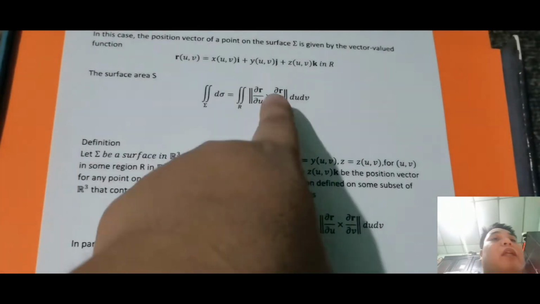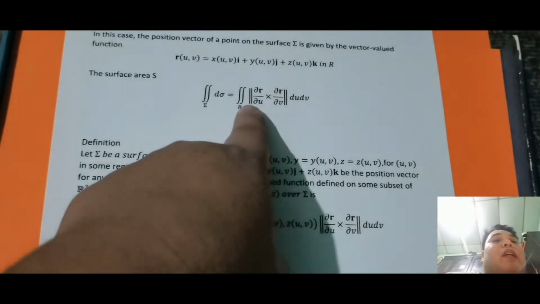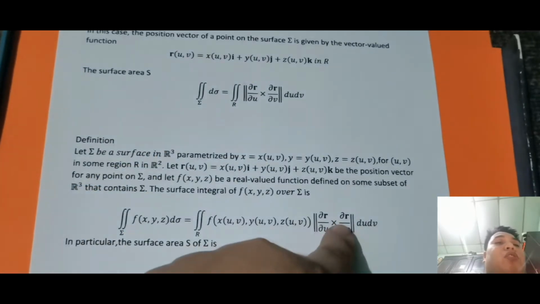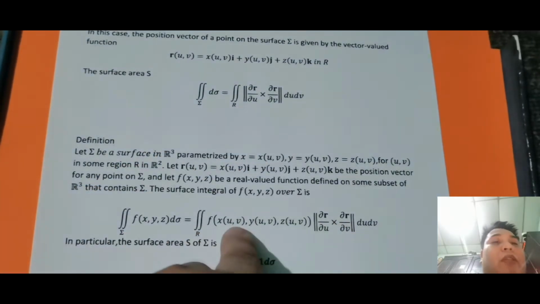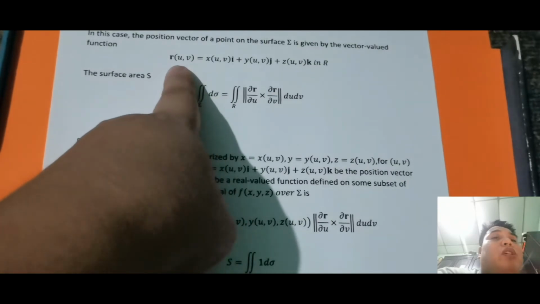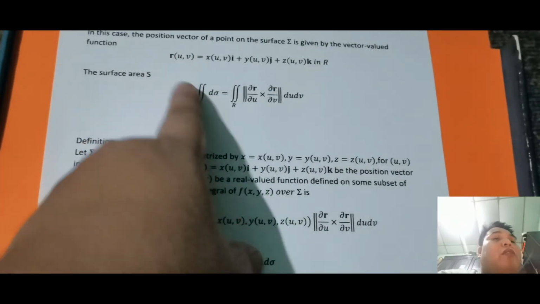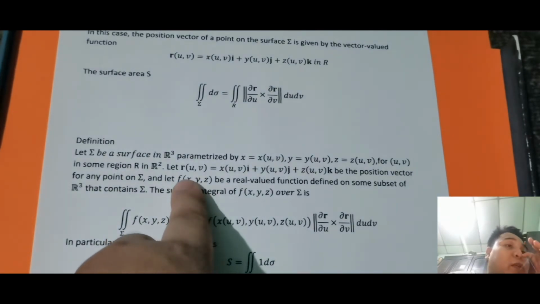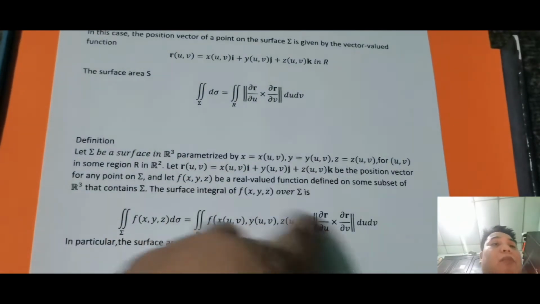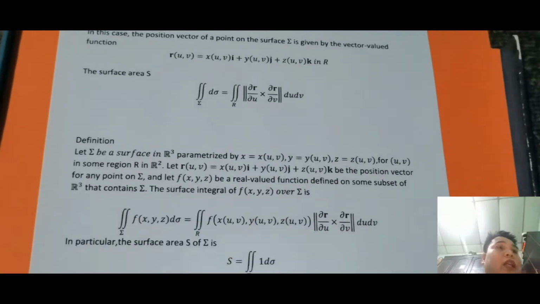But syempre, ganun pa rin, mariretain yung formula, i-multiply pa rin natin yung magnitude ng position vector. So since given yung parameter, kaya kong hanapin agad yung position vector. So pag given yung parameter, alam mo na yung position vector. So kunyari lang, nagkaroon lang tayo ng f of x, y dyan. Ito yung mangyayari. Okay, tapos multiply pa rin doon. Similar pa rin, du, then dv. Okay, so yan yung gagawin nyo pag may formula na ganyan.